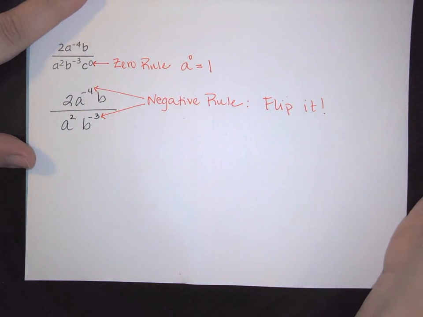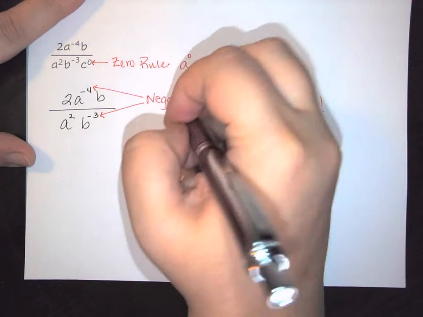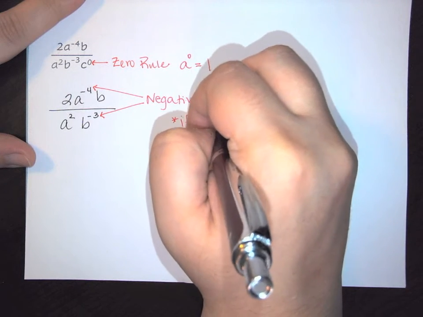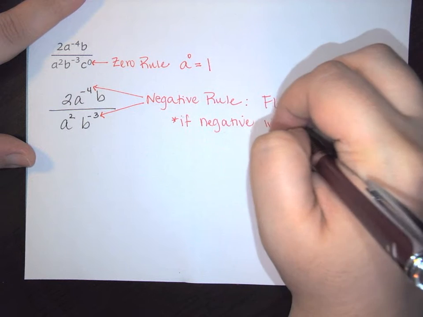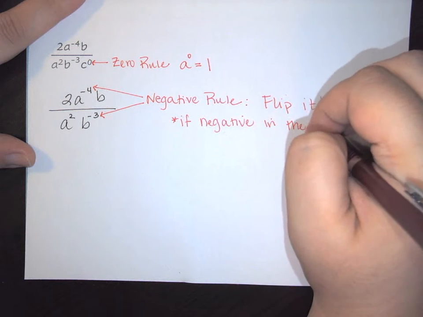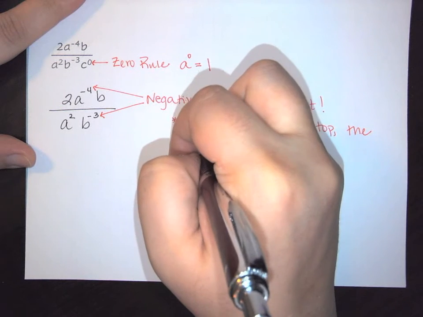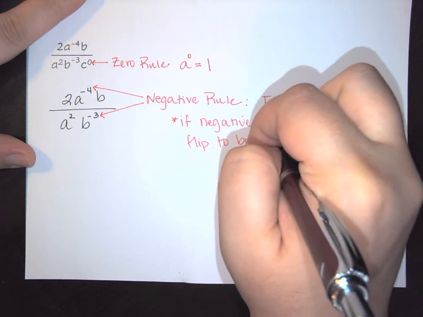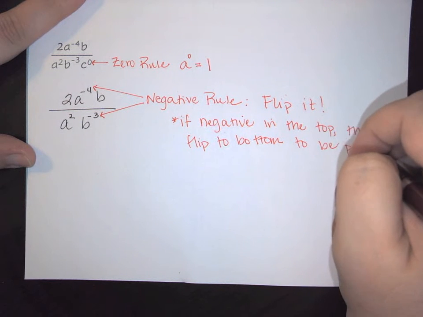What that means is, if you are negative in the top, then flip to the bottom to be positive.